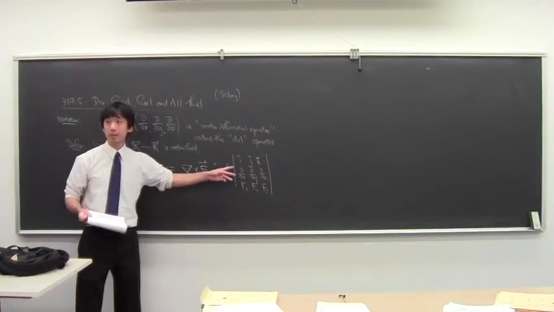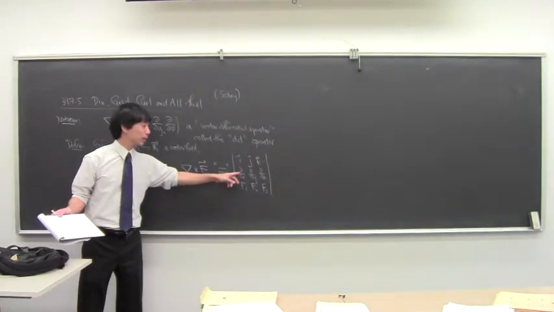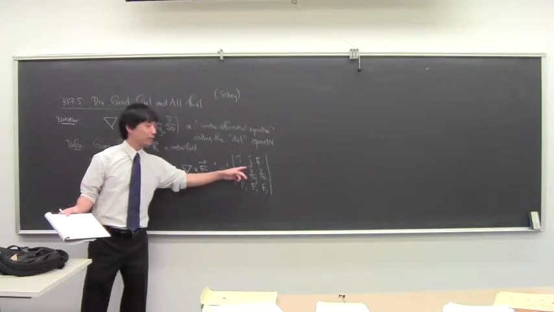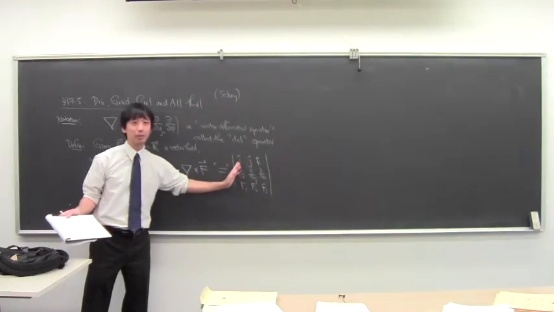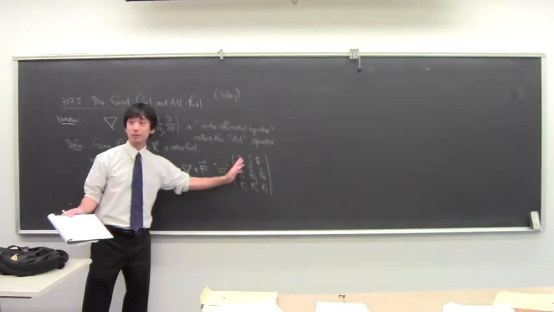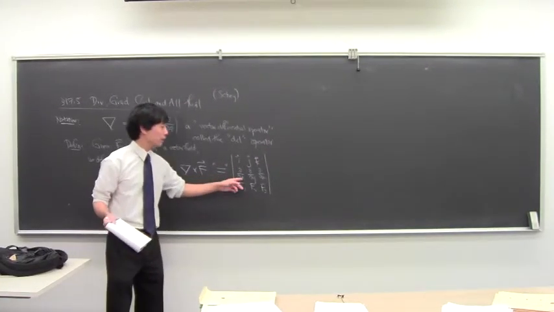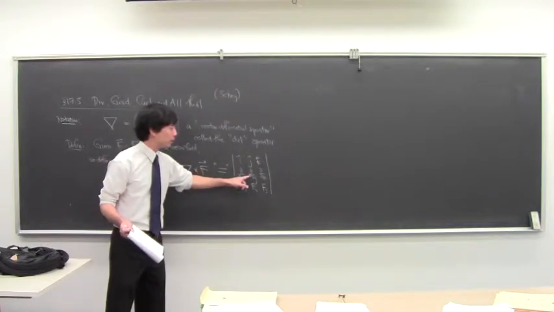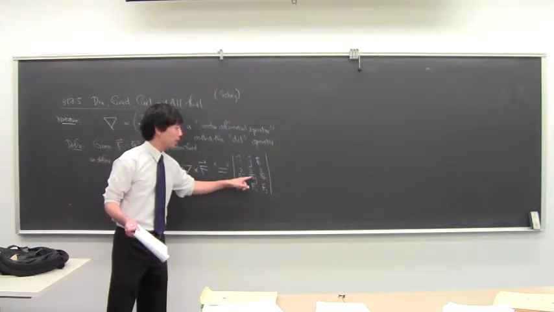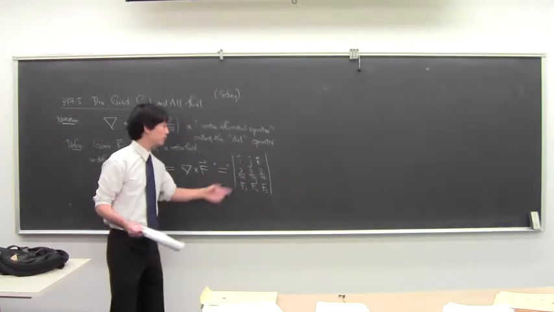It actually doesn't make any sense to put these things inside a matrix, but you do anyway as a mnemonic device to calculate it. So you take dF3/dy minus dF2/dz.